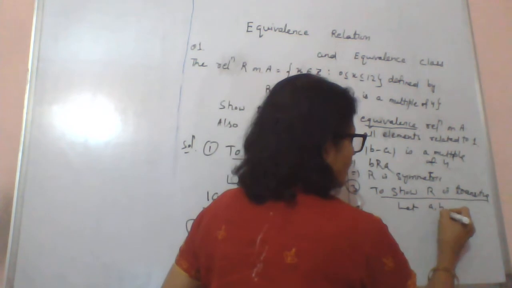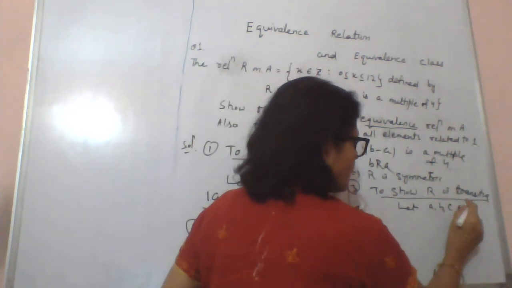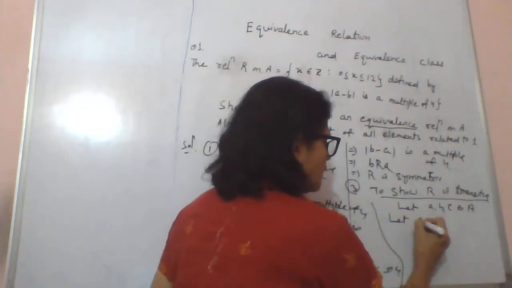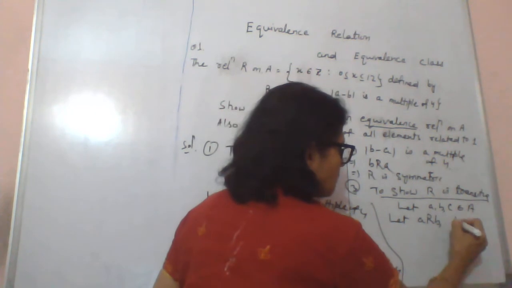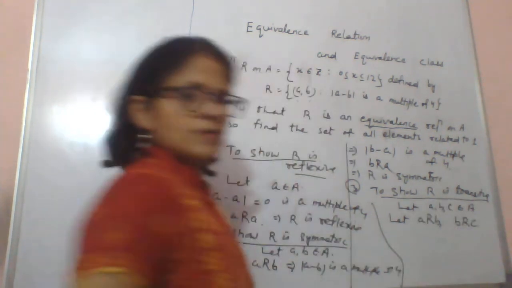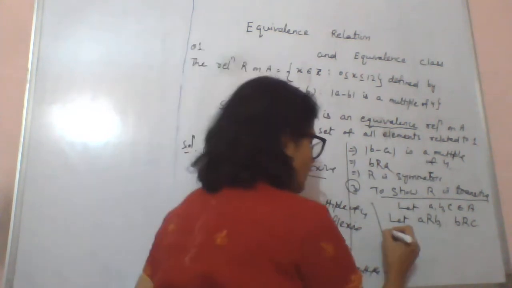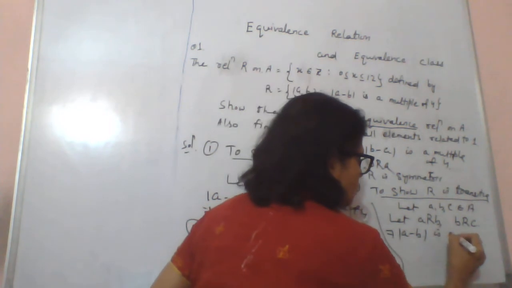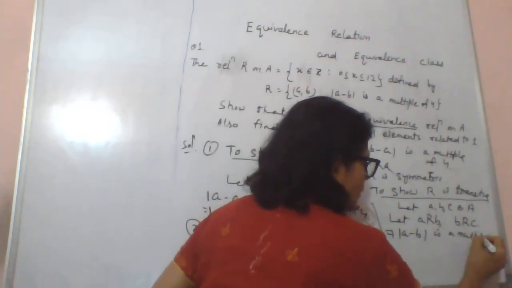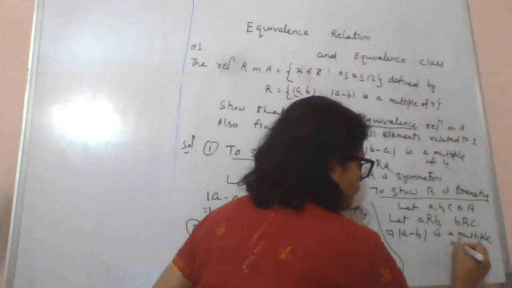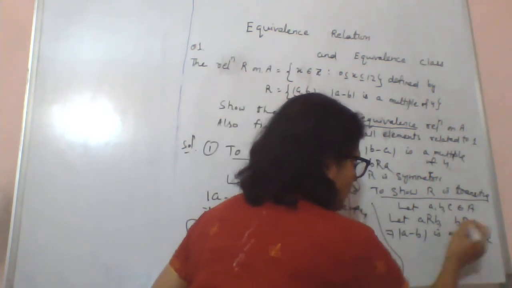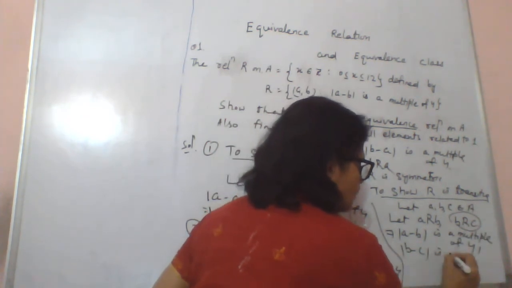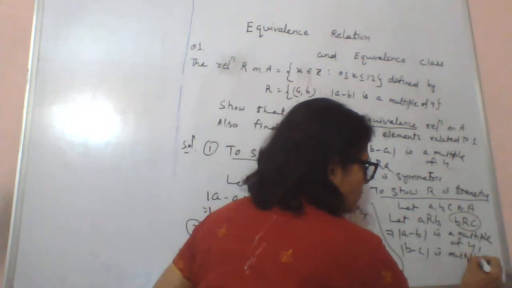Let a, b, c belong to the given set A, and also let (a, b) and (b, c) belong to R. It means (a, b) in R means mod a minus b is a multiple of 4, and next, (b, c) in R means mod b minus c is a multiple of 4.